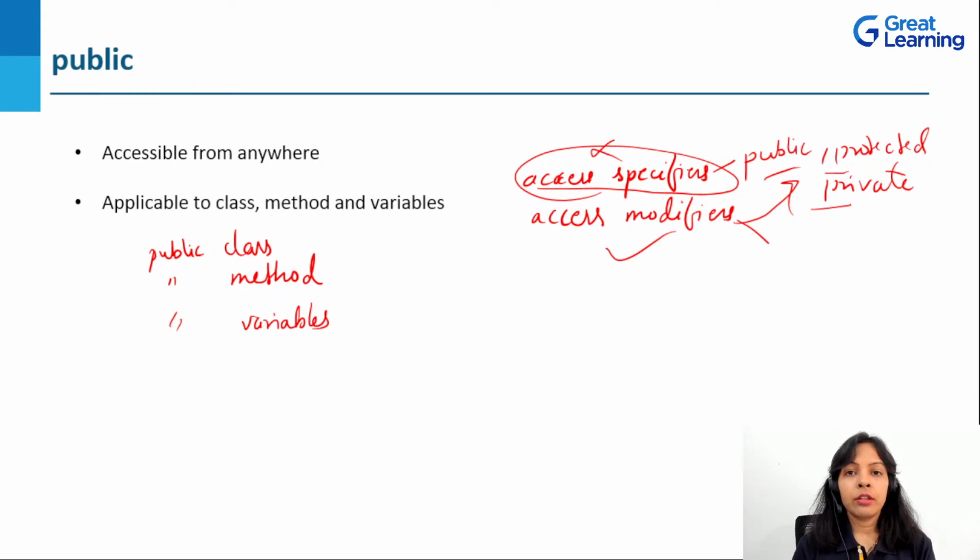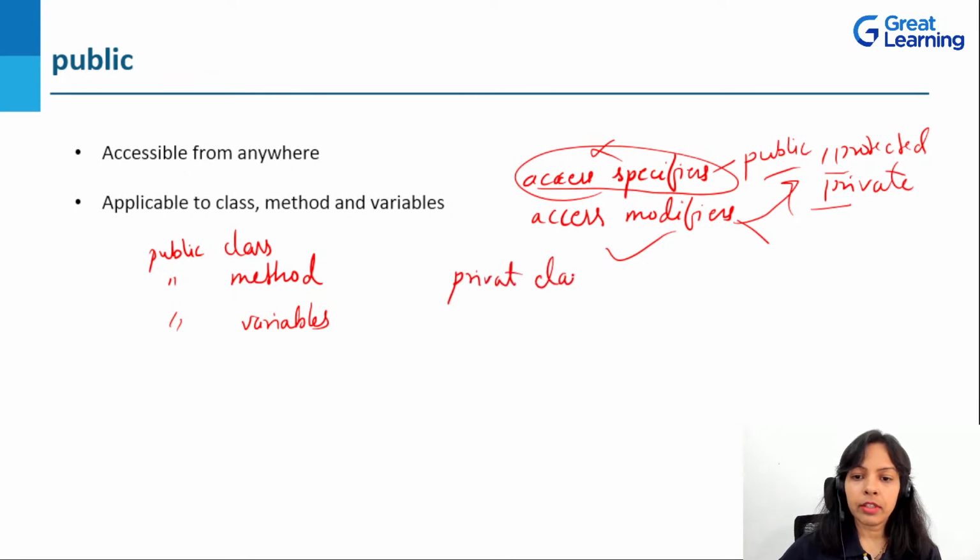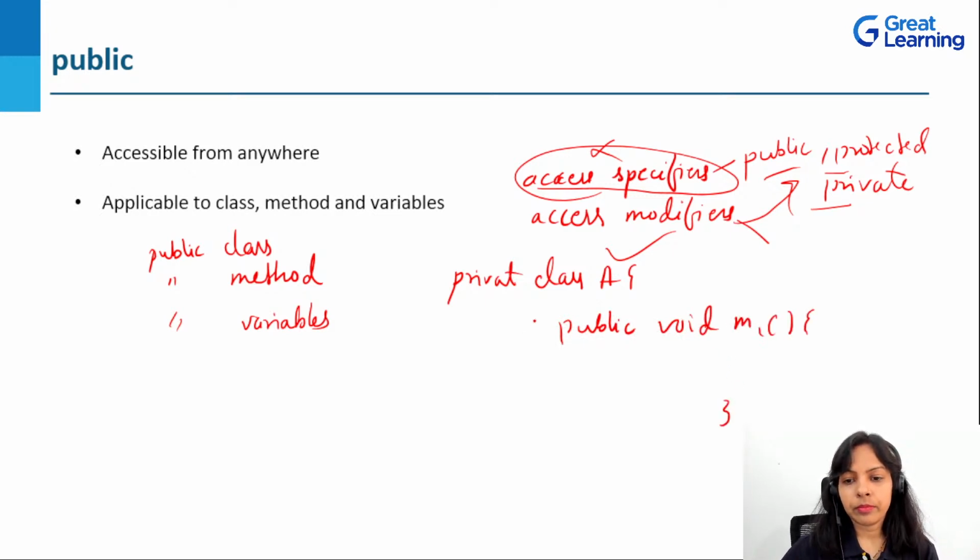But again, let me just tell you here, suppose you have defined a private class A, and inside that you want to define a public method, public void m1. Then in that case there will be a problem.